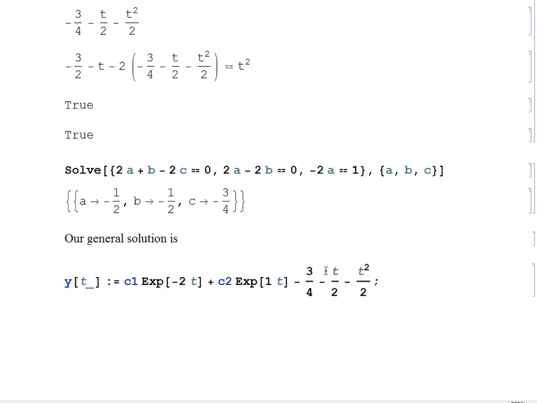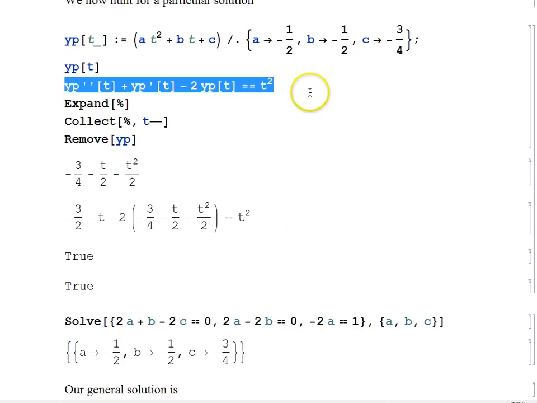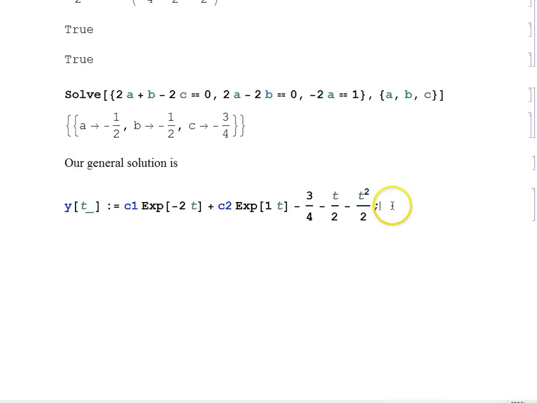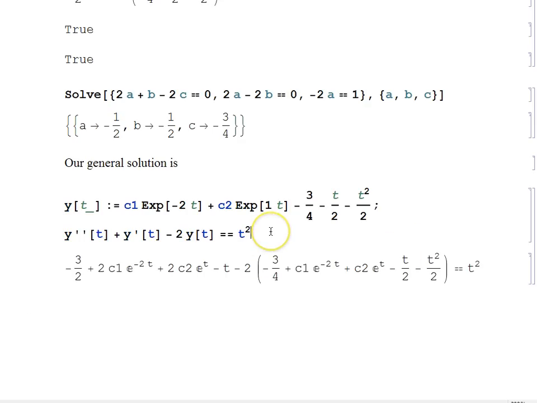Now let's check it out. So I'll grab, let's say, this. I'll take the p's out, because I'm just going to check this as a solution for y. What do I get? Oh, that can't be right, right?